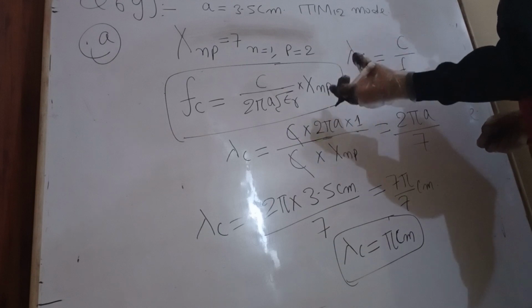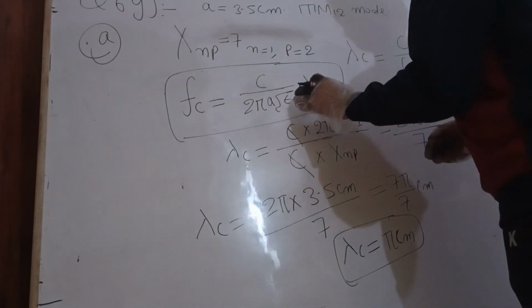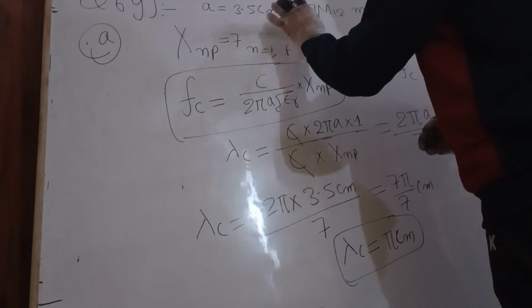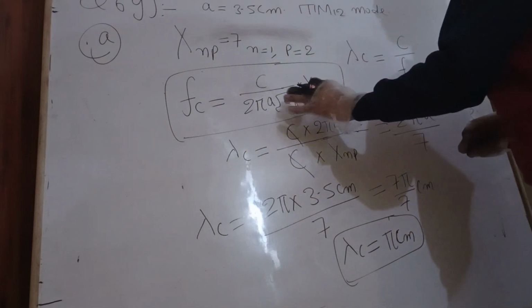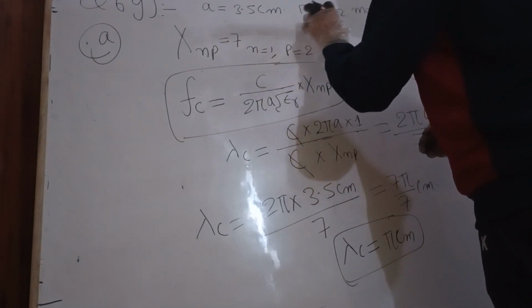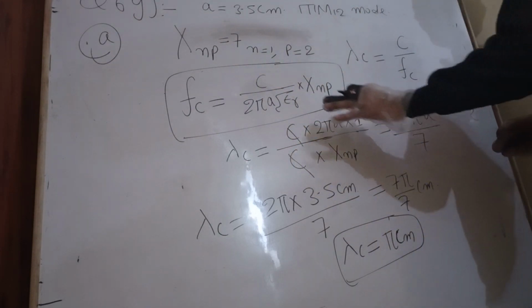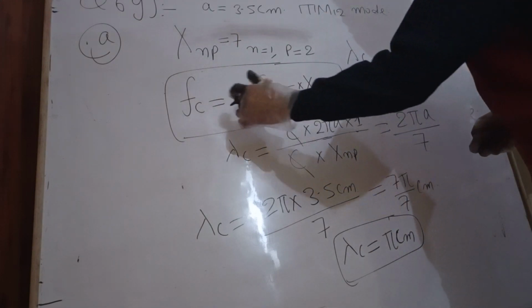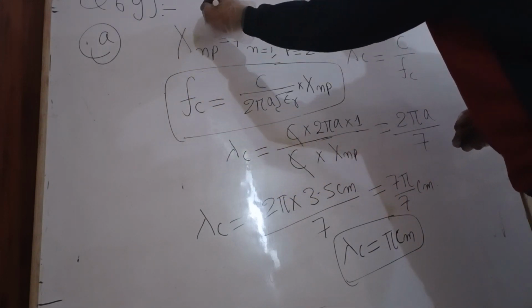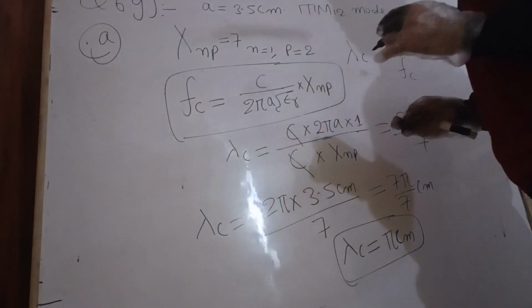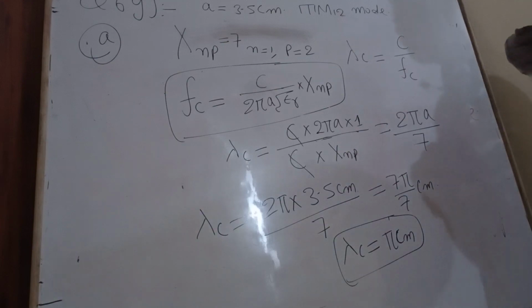Is there air or any other medium? For a different medium the permittivity would be different, but here it is air, and for air the permittivity is 1. x_np we calculate from the Bessel function coefficient, and here it is already given, so we just put it in. This is the cutoff frequency for circular waveguide. So that's all about it.